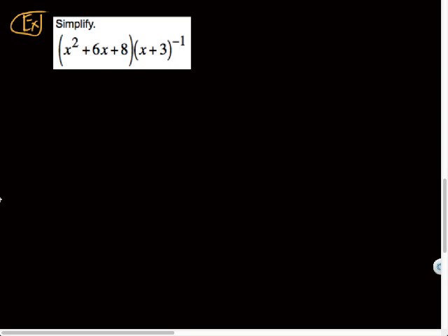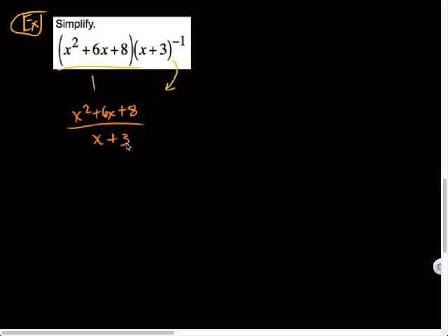But it's a negative one. Oh, a -1 exponent. What do I do with a -1 exponent? Put it over. Everything over 1. Yeah, I move this downstairs, right? So this is the same as x squared plus 6x plus 8 over x plus 3. So I am dividing by x plus 3.